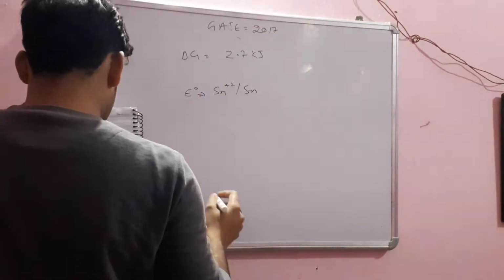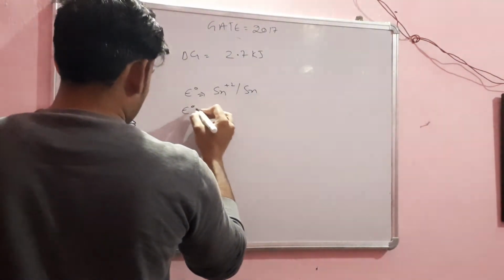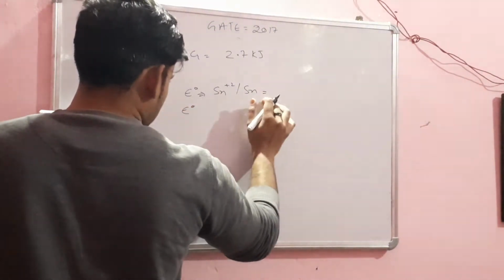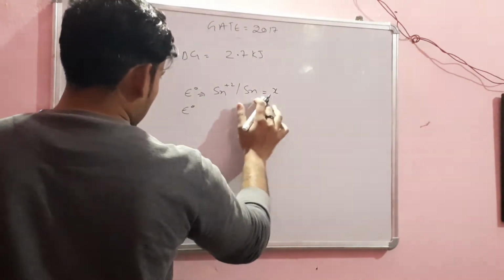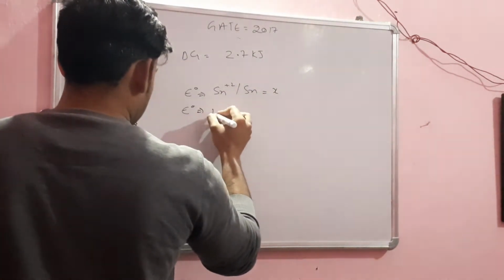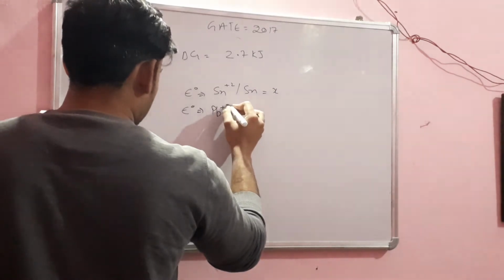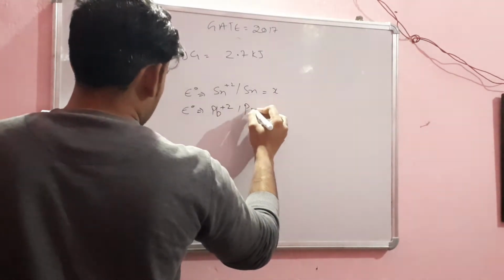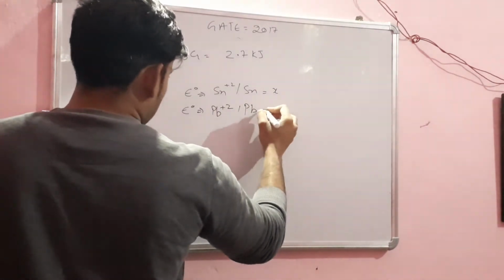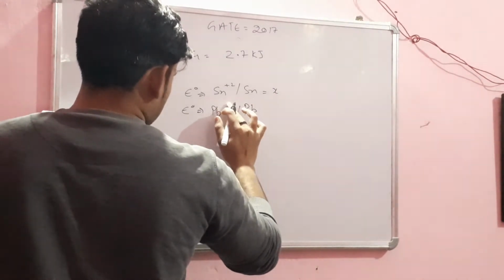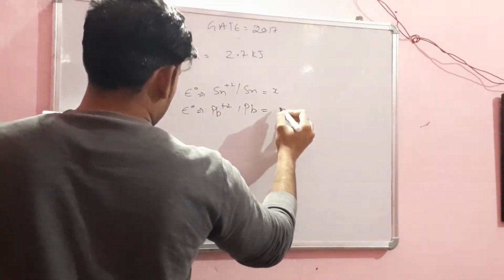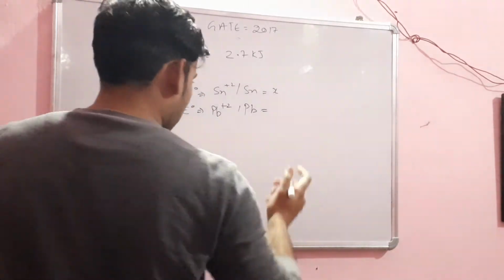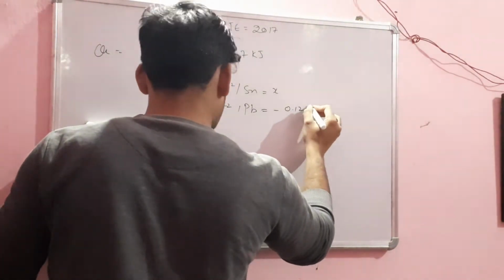Let me put X here, and you have been given values like Pb plus 2 converting to Pb with the value of minus 0.126.